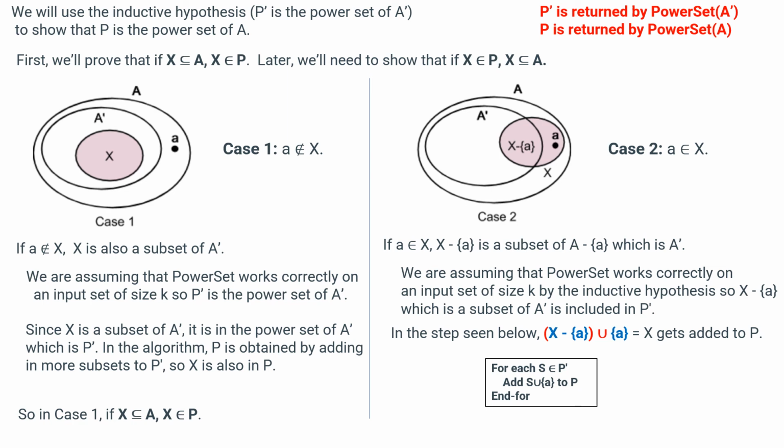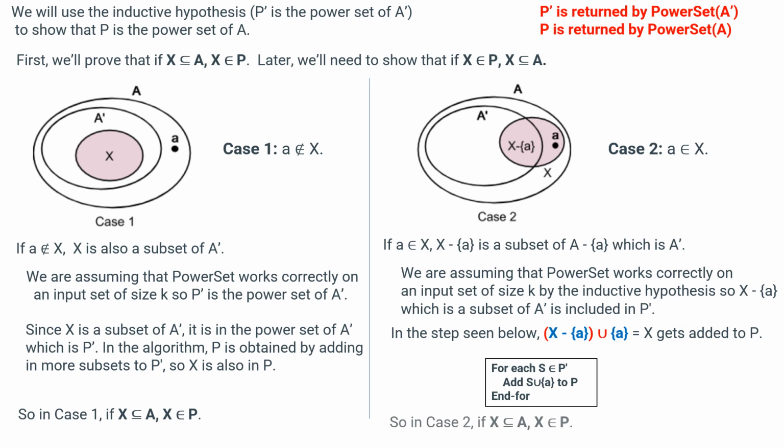That's what's going to happen when we construct P because of this part here in the box. This is a part of the algorithm that says we start with P prime, take everything in P prime, and then also add a back into it, and that gets put into P. So adding a back into x minus a is going to become part of P.